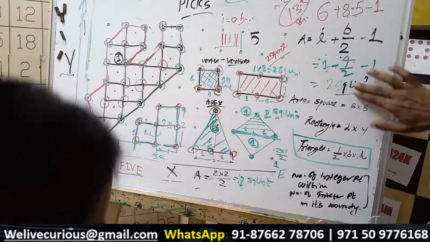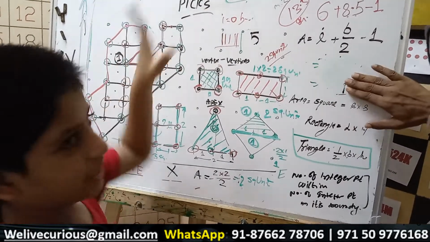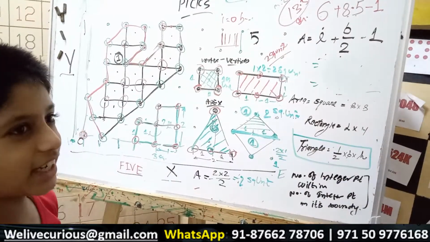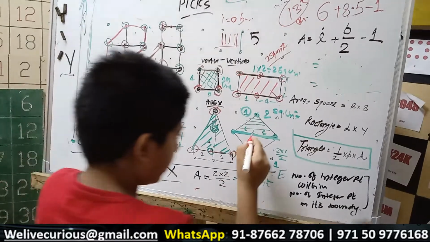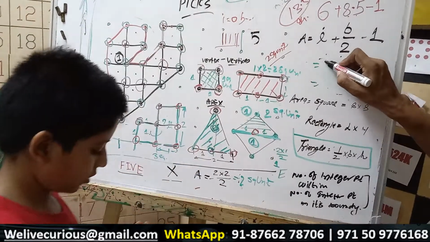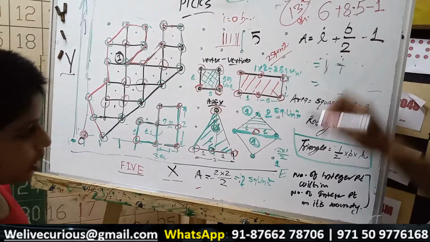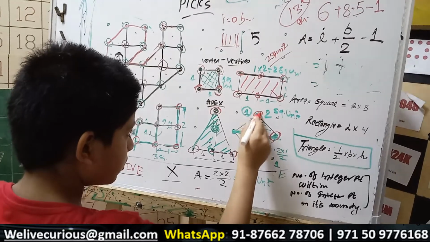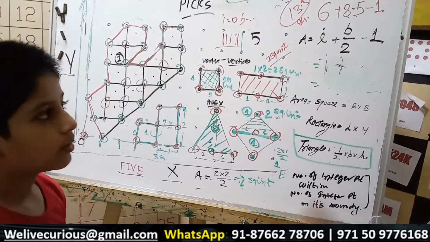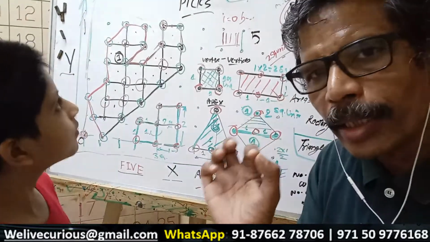How many internal points here? Internal point is 1. How many border points? Let me check. 1, 2, 3, 4. Again, you have to check the vertex points.